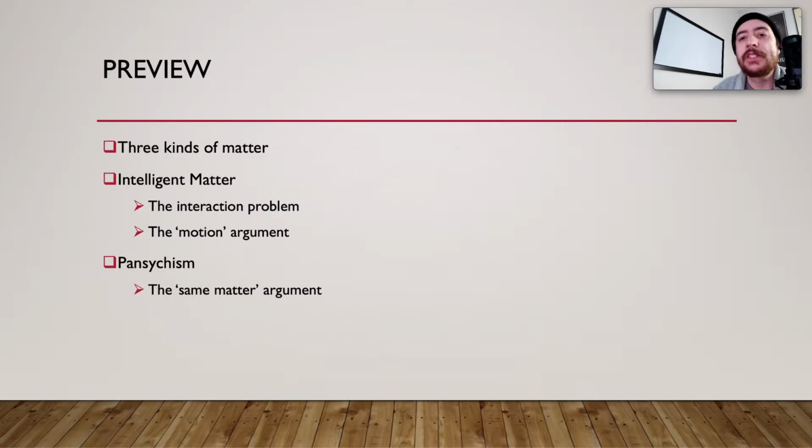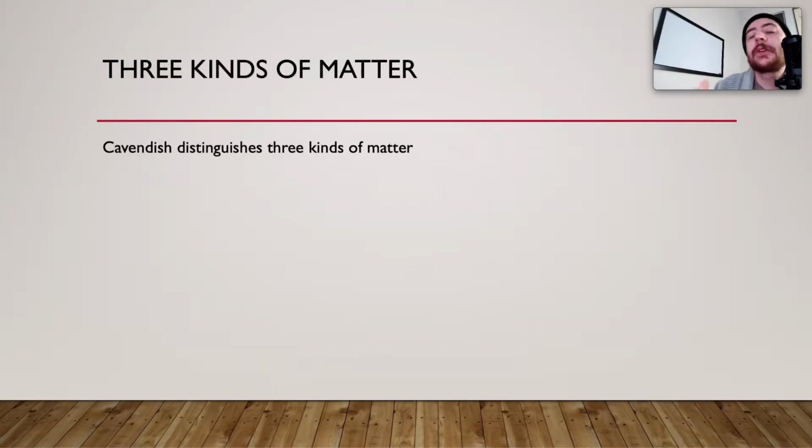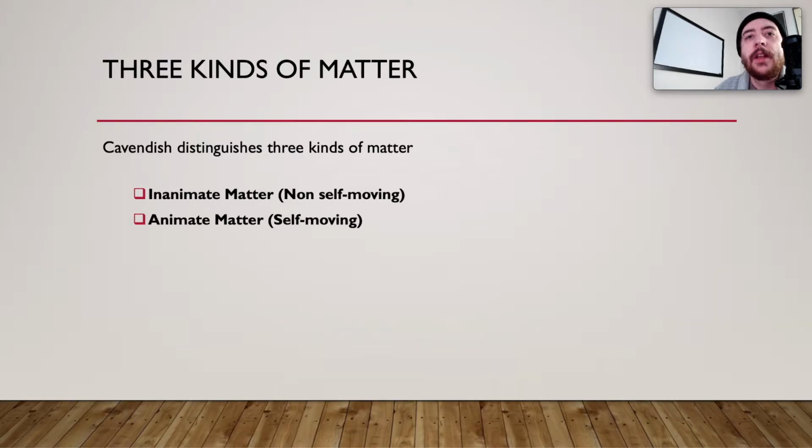We'll look at her same matter argument, her self-motion argument, and an appeal to the orderliness of nature. Then lastly, we'll look at the mechanisms by which she tries to explain sensation occurring in matter. So Cavendish distinguishes between three kinds of matter. There's inanimate matter, the non-self-moving matter, and then there's animate matter, the self-moving matter.